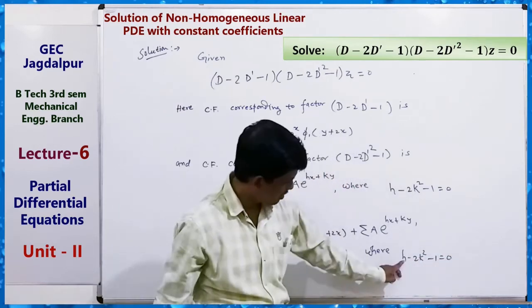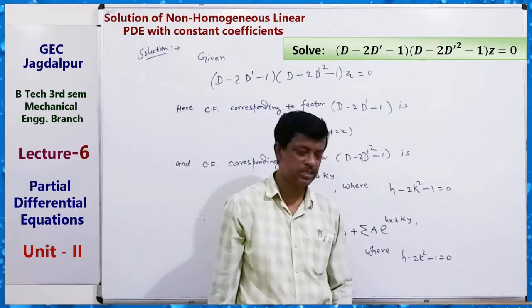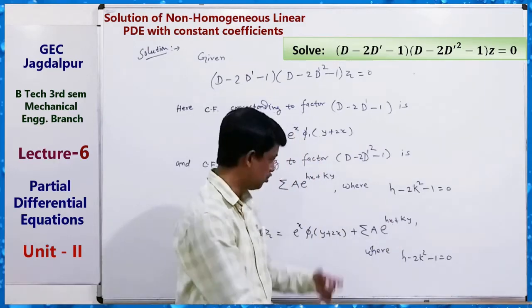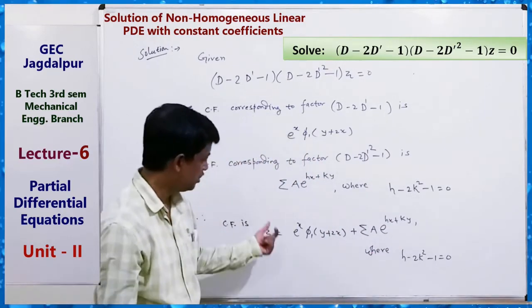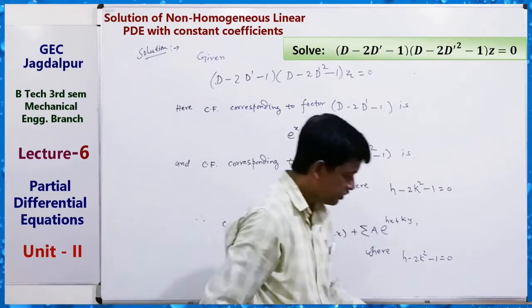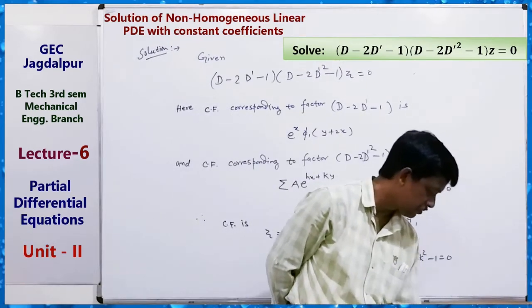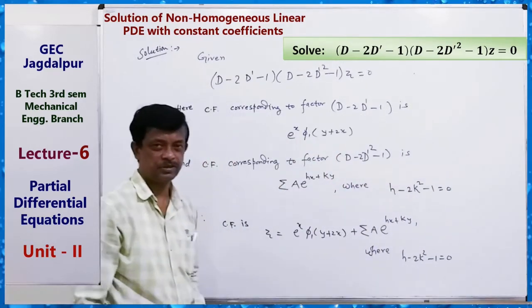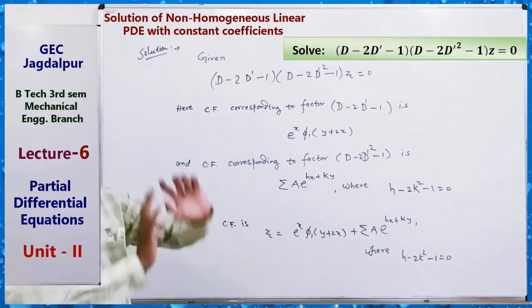You can write h equals to 1 plus 2k squared here. So there will be two constants only. Okay, so this is CF.